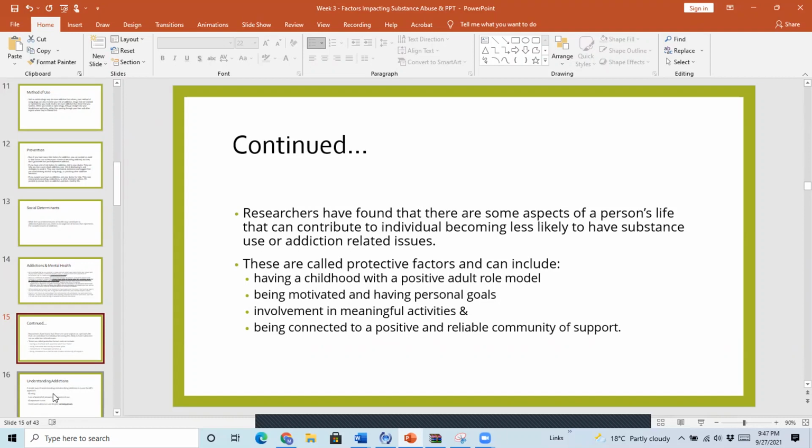So let's say in your family you have that addictive disorder, here are ways it can be counterbalanced: having a childhood with a positive adult role model, being motivated and having personal goals, so wanting to accomplish something, will offset the other factors we just went through. Also, involvement in meaningful activities and being connected to a positive and reliable community of support. As you can see, there are a lot of positive factors that can counterbalance somebody's likelihood of being addicted.